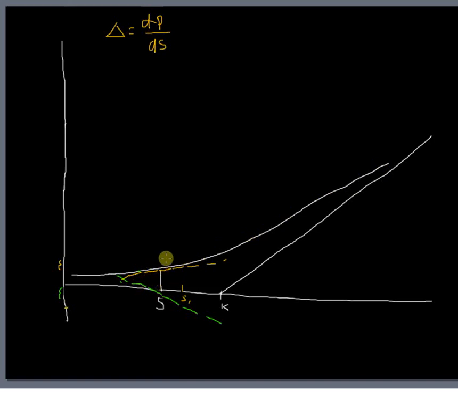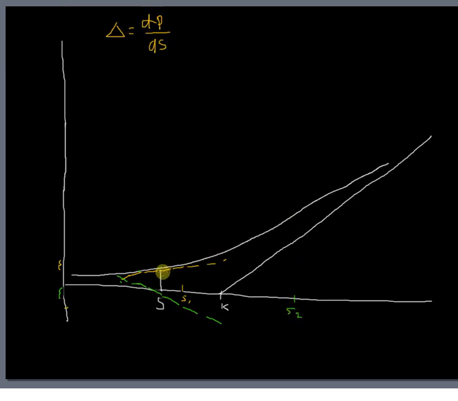Of course, for small movements in the spot, it's a good hedge. But we shall see later that when it's a larger movement, it's not a good hedge. Let's again imagine that the price moves to S2.